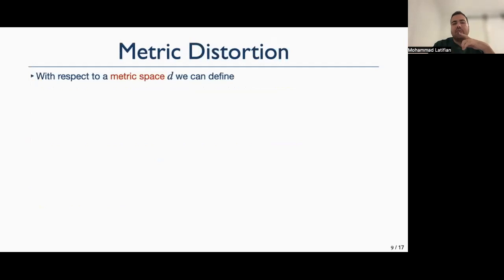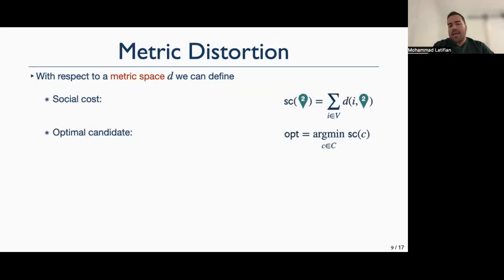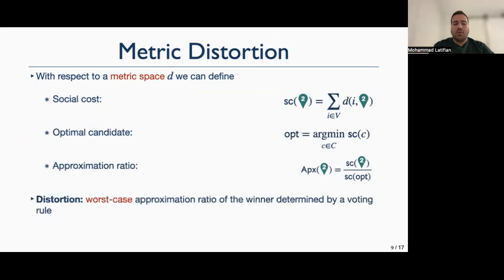And here, with respect to a metric space, we can define the social cost of an option as the sum of the distances to that option, the optimal one as the one with the minimum social cost, and the approximation ratio as the social cost of an option over the social cost of the optimal, which is the minimum social cost. So again, here, the approximation ratio is a value greater than 1.